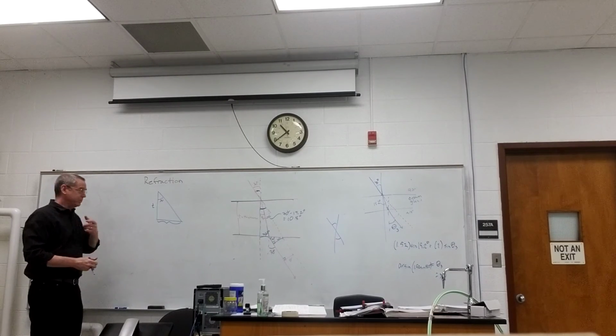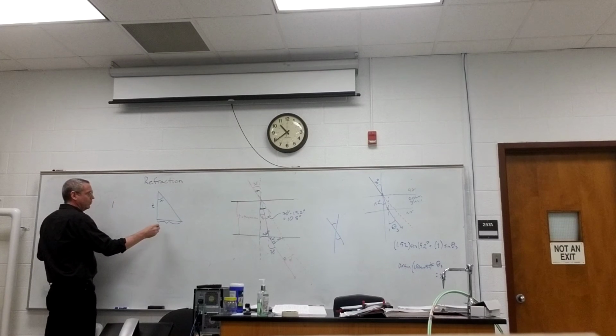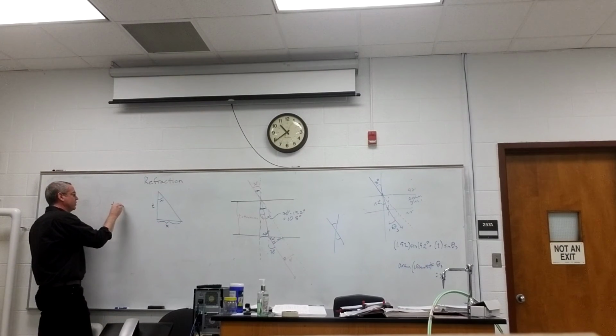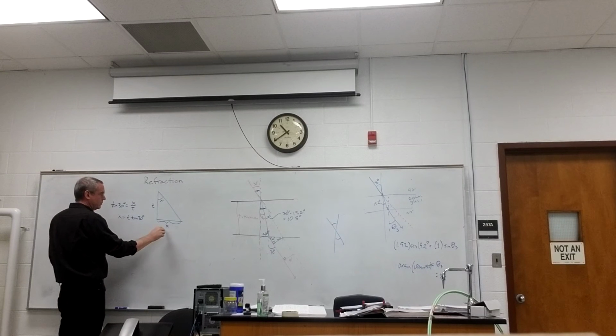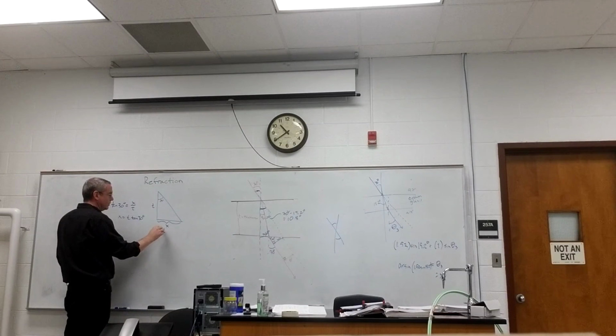Tangent? Yeah. What do we call this? Something clever like x. So the tangent of 30 degrees is equal to the opposite over the adjacent. So x is just going to be t times the tangent of 30 degrees.